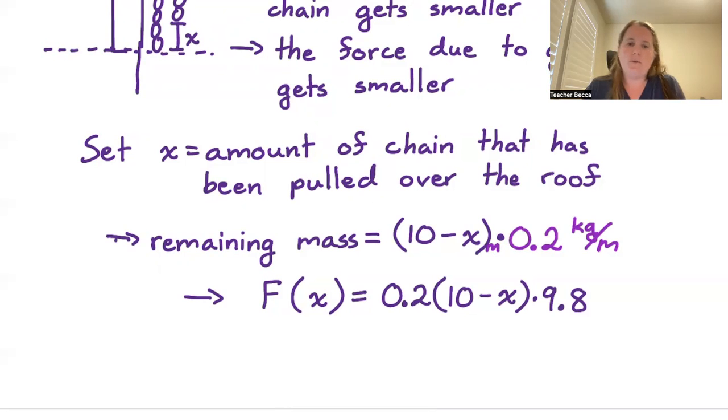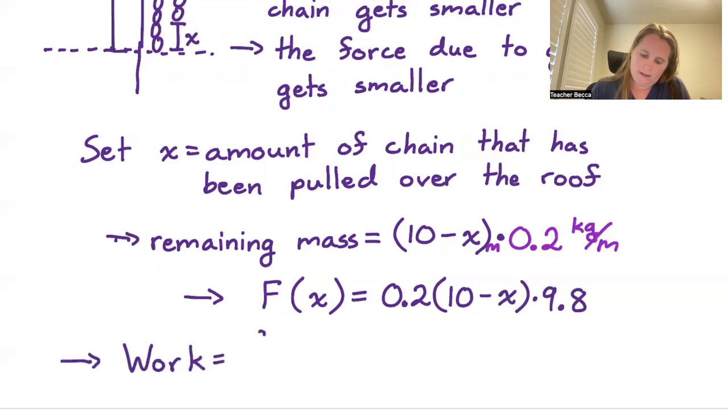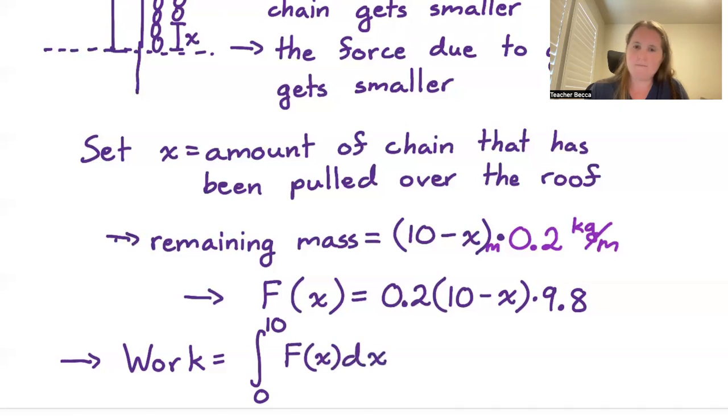We therefore know that our work is given by the definite integral from starting position to end. So the definite integral from x equals 0 to x equals 10 of f of x dx.